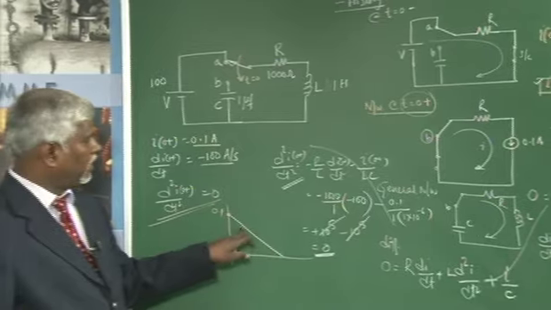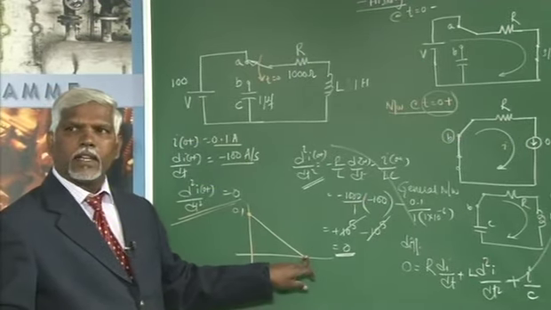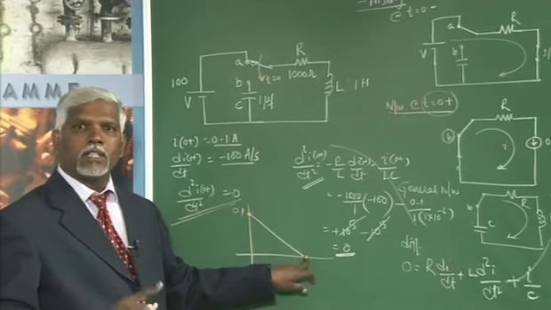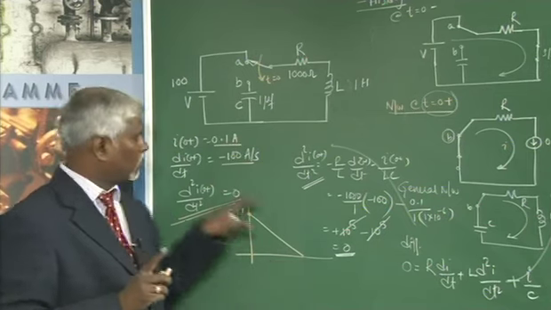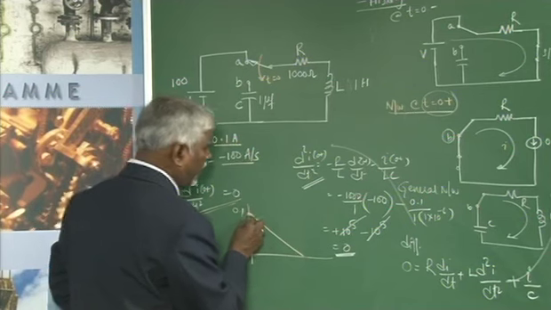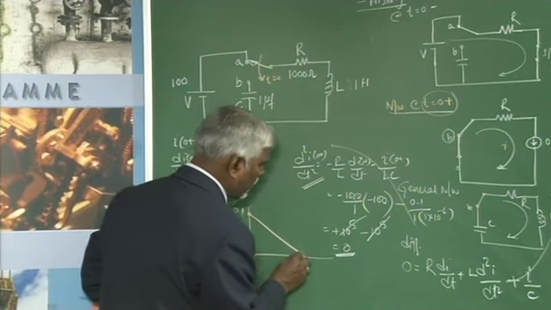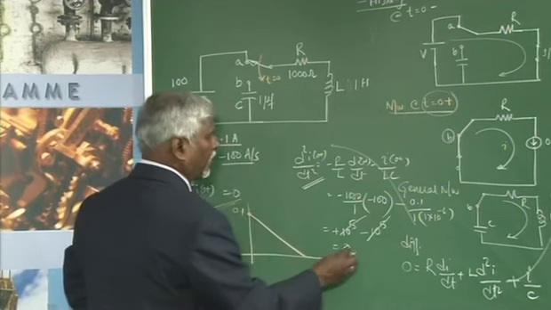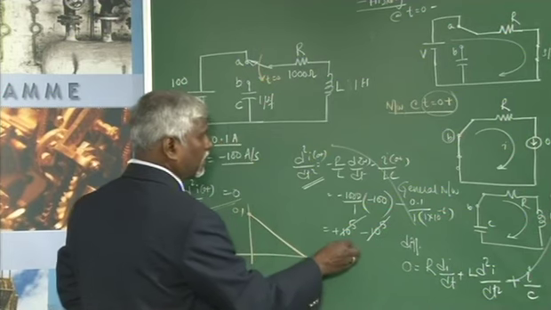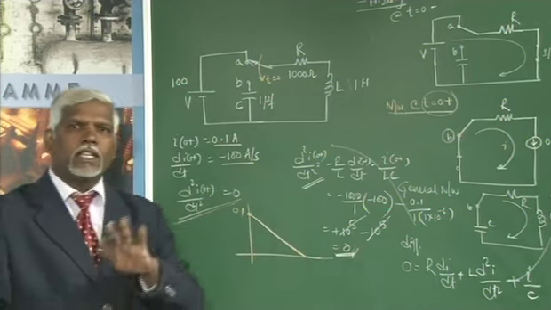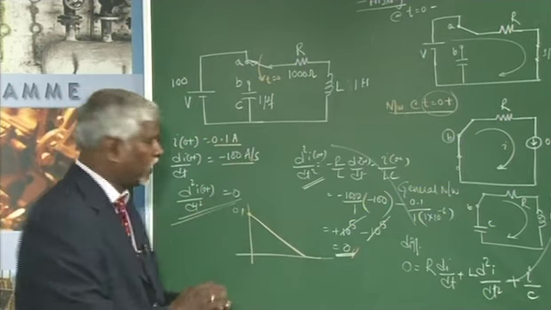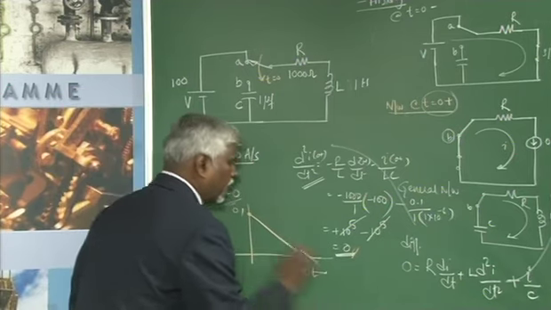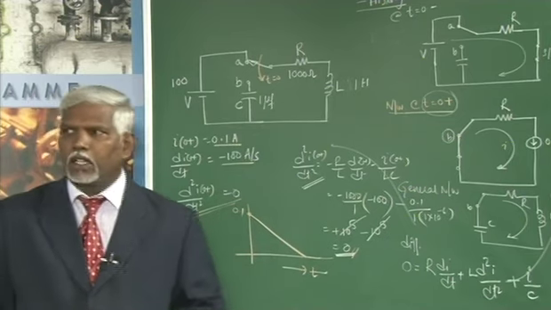So, this will be the curve the current takes. It is not an exponentially decaying, it is a linear decaying curve. So, the current linearly comes to 0 because the second derivative is 0, indicating there is no change in the slope. It is negative, it comes to 0 with time. Right. So, we will go to another problem.